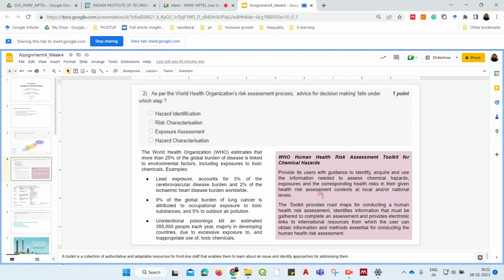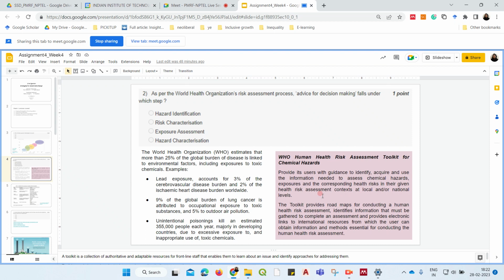So it can be on a small scale level, so for a particular factory or a particular area or a particular locality, and then it can even be on the national level. So if there are to be policies for some air pollution or other things which are to be implemented at a national level, even in that case this toolkit can be used.